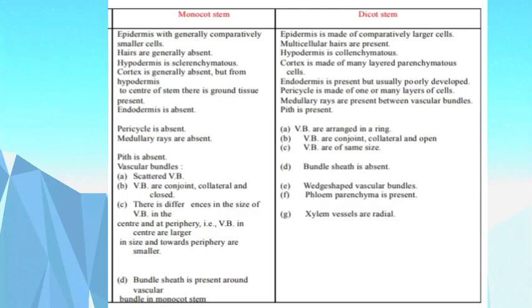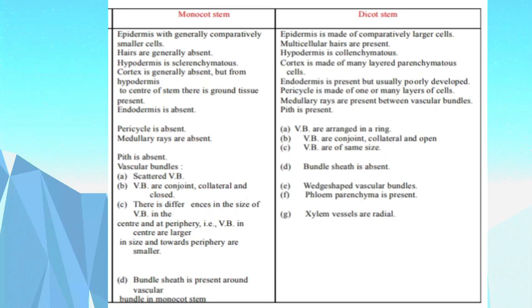But in case of dicot stem, cortex is made up of many layered parenchyma cells, and cortex is differentiated into hypodermis, general cortex, and endodermis. But in monocot stem, endodermis is absent, but in dicot stem, endodermis is present. It is called starch sheath.